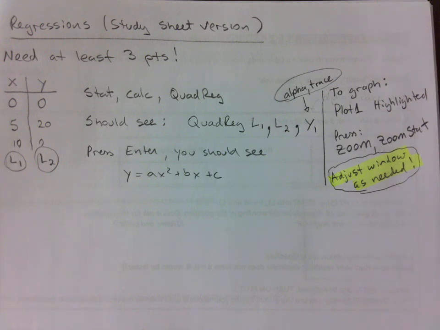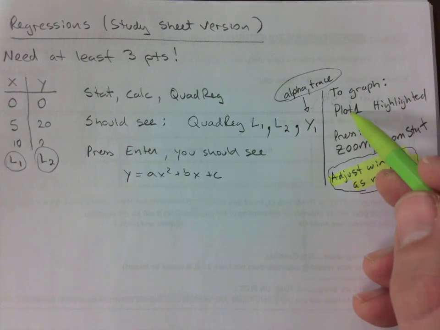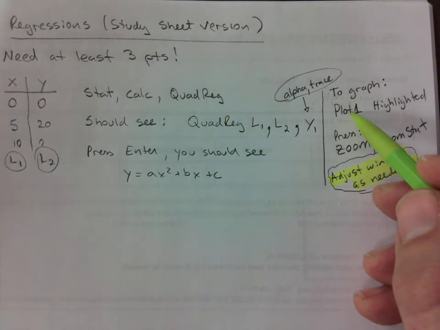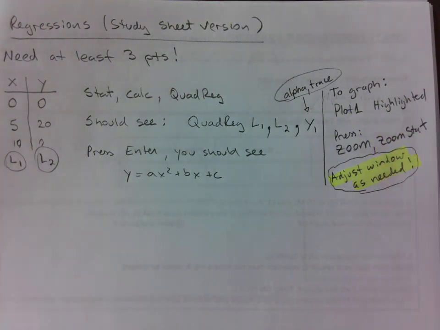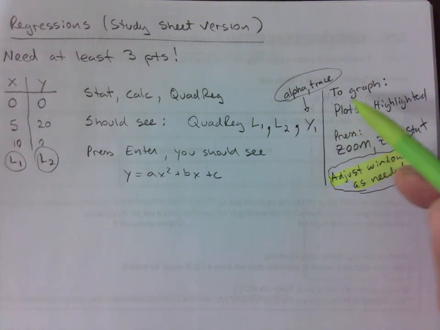Some of you are only going to find out when you're trying to graph. Let's say I give you an equation, y is equal to this, this, or this, and you type it into Y1 manually. You're going to try to graph and you're going to get some kind of error message, window range or this or that. Chances are you have plot 1 turned on and it's not supposed to be. If you're manually entering something into Y1 by hand, this should not be turned on.